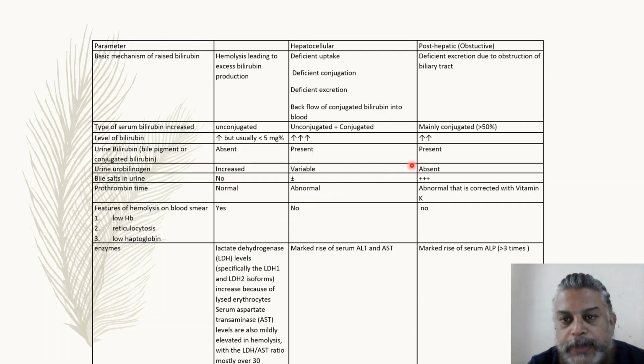Similarly, in post-hepatic or obstructive jaundice, the bile salts in urine are present, and bilirubin is raised many times compared to prehepatic disease.